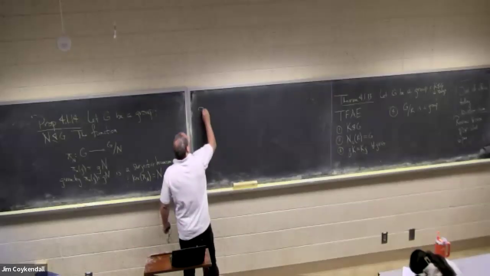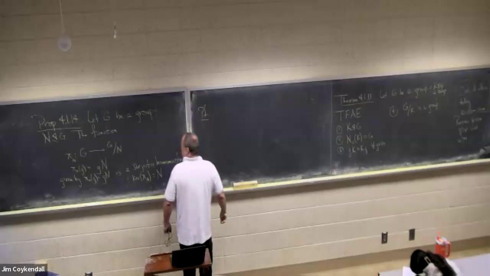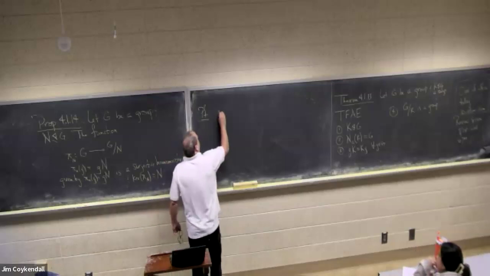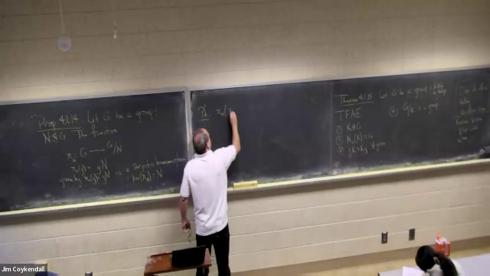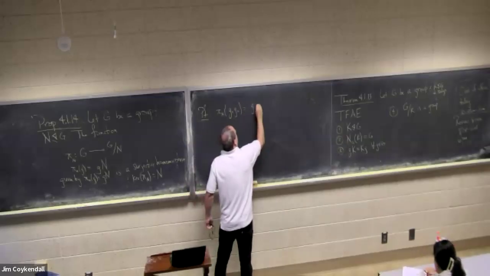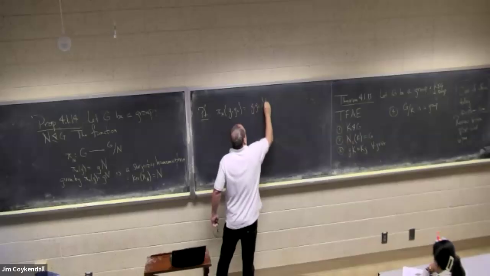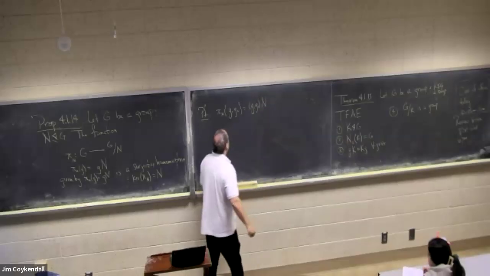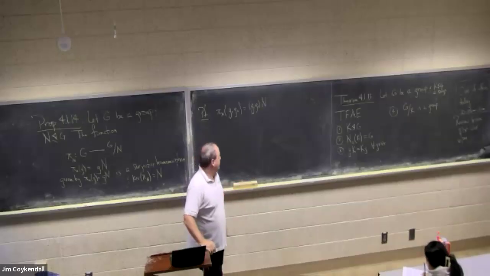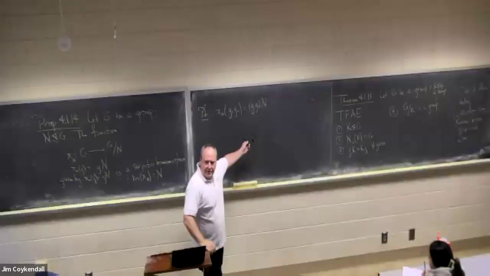Proof. Notice that pi of g1 g2 is just that coset. I'm trying to show that this thing is a homomorphism. What step do you think I can take from this?